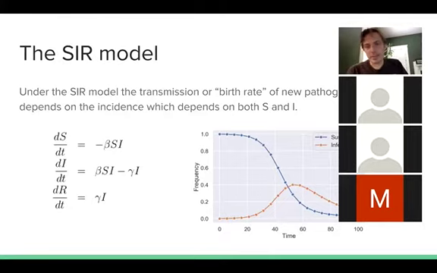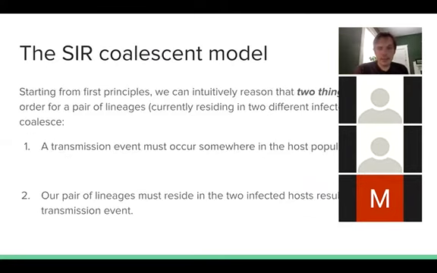And so we can then ask what the rates of coalescence would be for two pathogen lineages under such an SIR type model. And this is actually fairly simple to do, although my approach differs from what's out there in the literature.